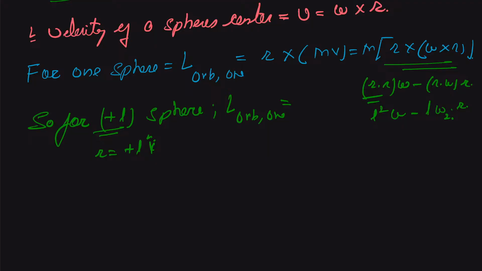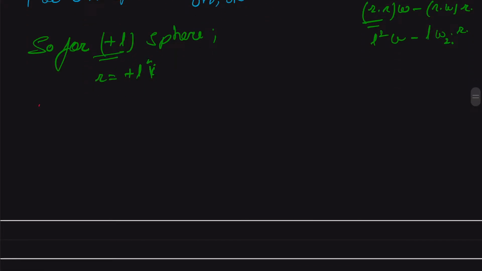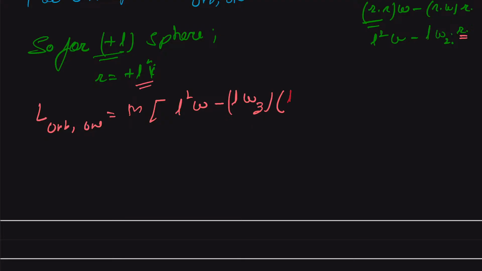Okay, so we can substitute it, and we get our L orbital for one sphere will be equal to m times L squared omega minus L omega z times r, and our r is nothing but L k unit vector.